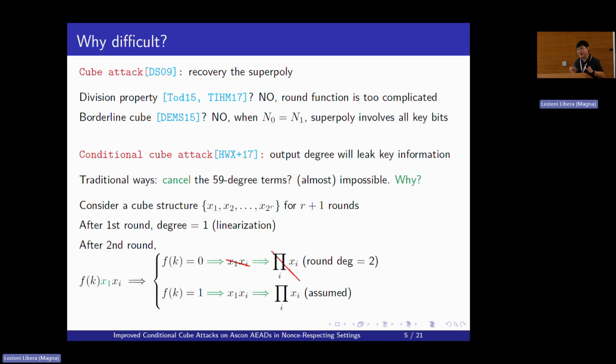But this is based on the assumption that such a term will really appear. However, in our case, it's much more complicated because the max degree is 59. The degree-59 terms can be obtained by adding a degree-30 term plus a degree-29 term, or a degree-31 term and a degree-28 term. So it's much more complicated.